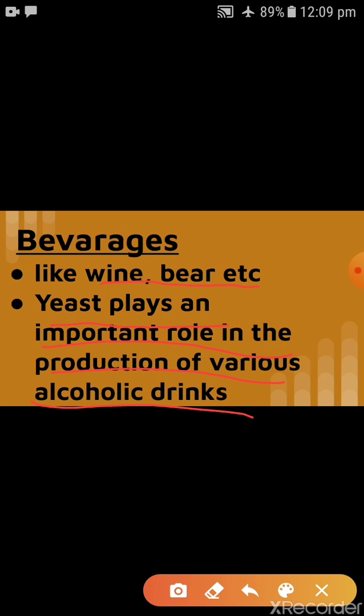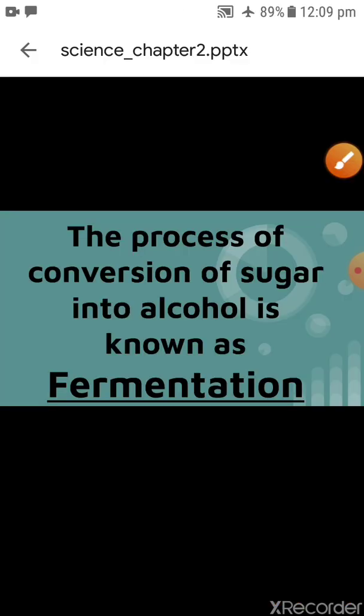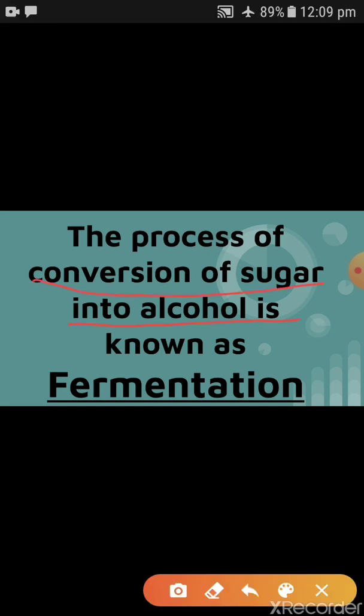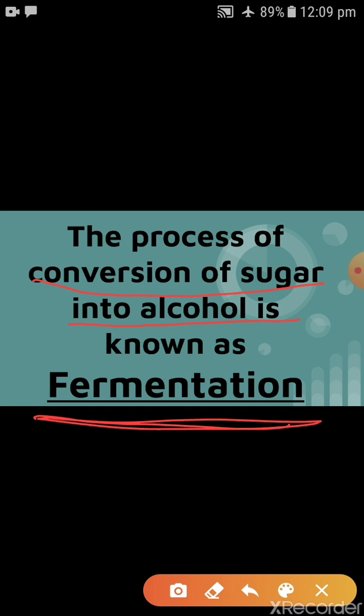Is that clear? For this purpose, yeast is grown on natural sugar present in grains like barley, wheat, rice, crushed fruit juices, etc. So we can say here the process of conversion of sugar into alcohol is known as fermentation. So how actually we are making alcohol?